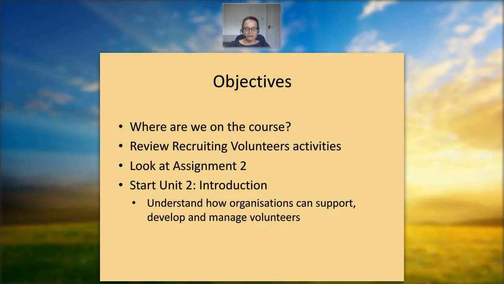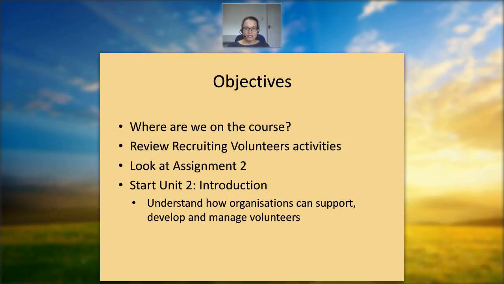My objectives for this tutorial were to go over where we were on the course, and to look at the reviewing the recruiting volunteers activities. We didn't do that, as there is nobody with me today, so there didn't feel like much point in doing that.